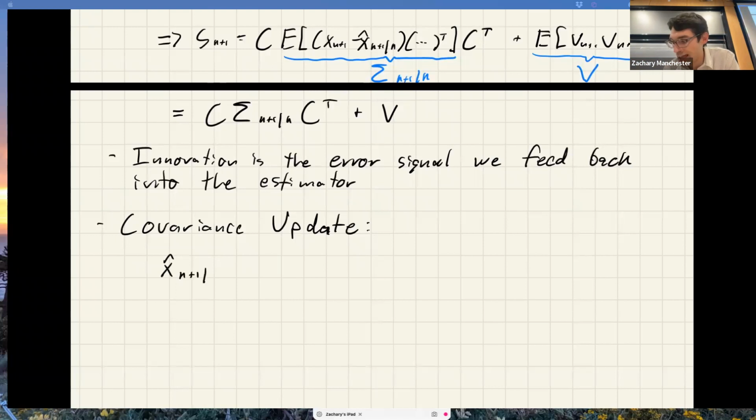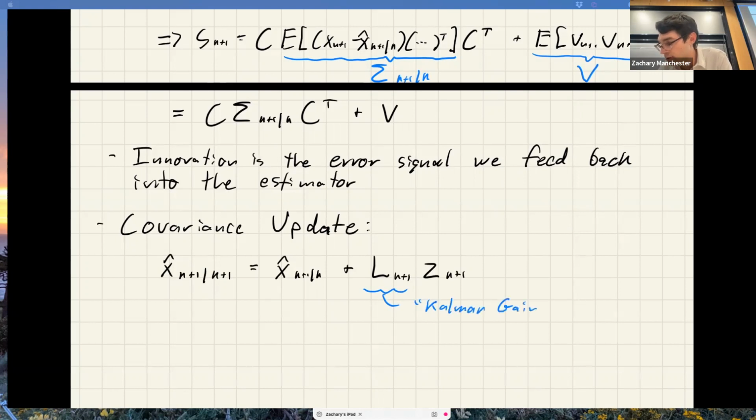So our X hat with the measurement update in it, we're going to assume that it's the prediction plus a linear feedback term. And so in general, there's some linear gain matrix, L, times that innovation. And this L is called the Kalman gain. So we're going to assume that that's what it looks like.